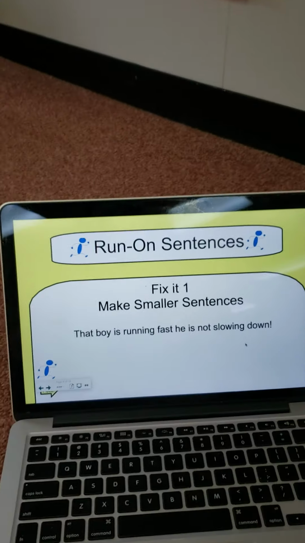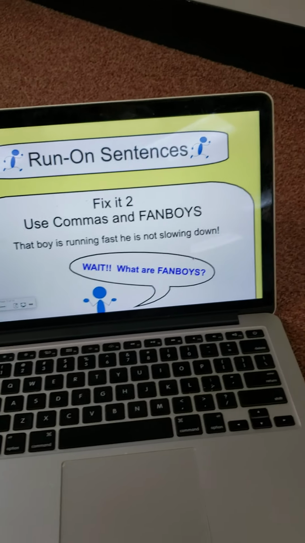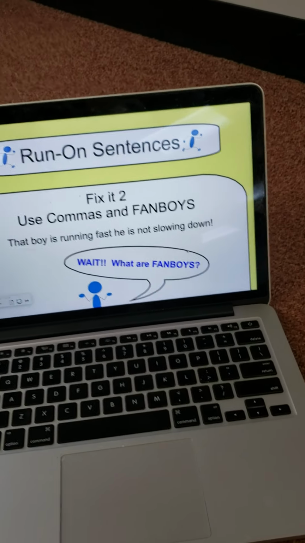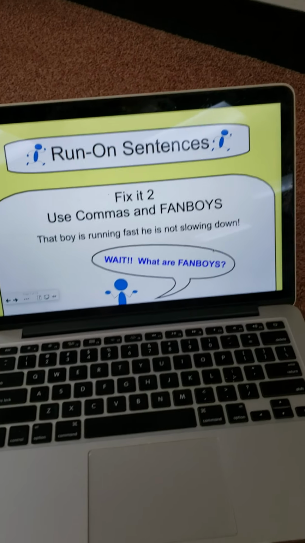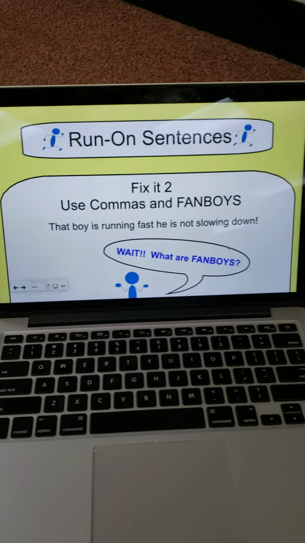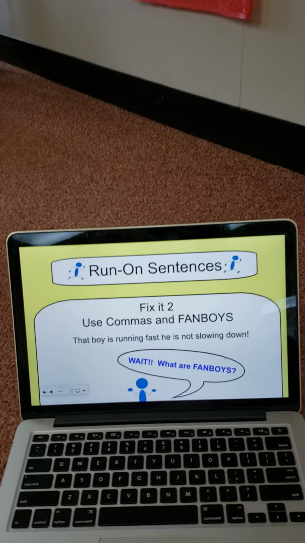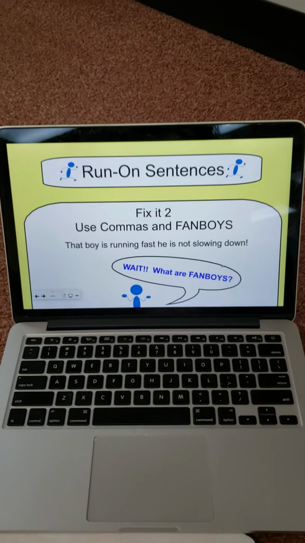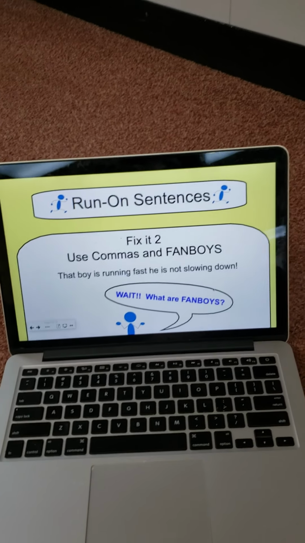Now, there is another way that we could change it. And this is what we talked about in class. And when we say it, we get really loud and we say, fanboys! And the kids are like, Miss Dobesh, what is a fanboy? And I'm going to tell you, a fanboy is an insert word. So you have to use a comma and then an insert word to give your run-on sentence time to take a breath.